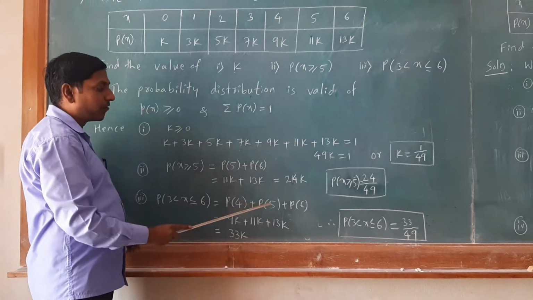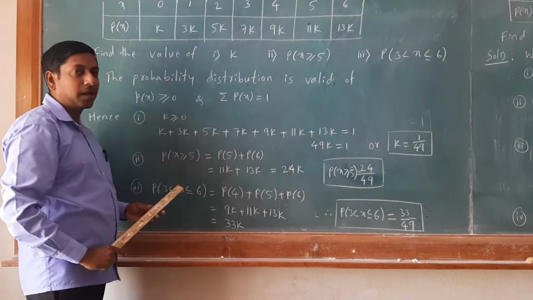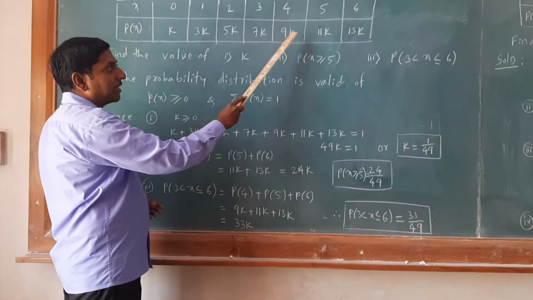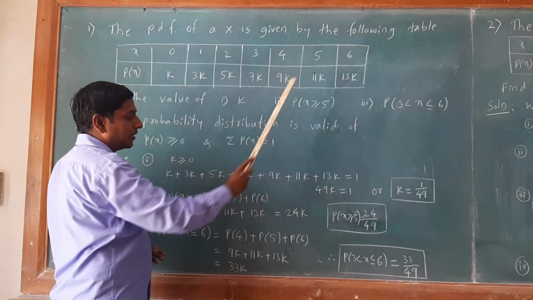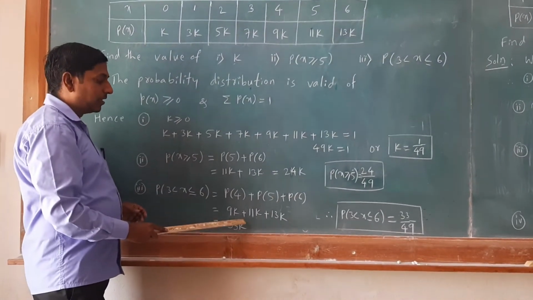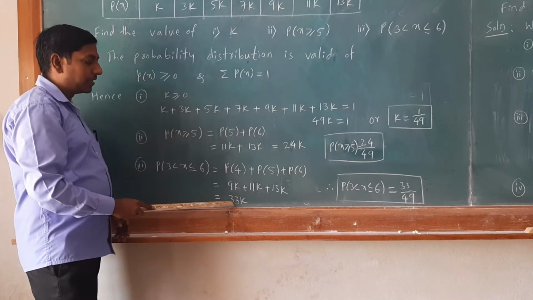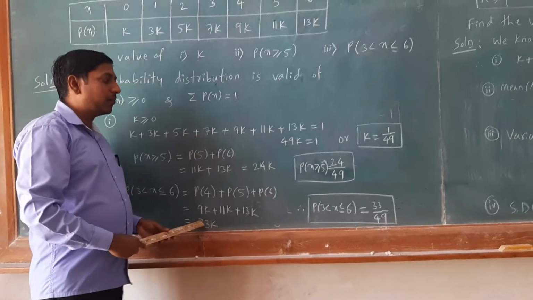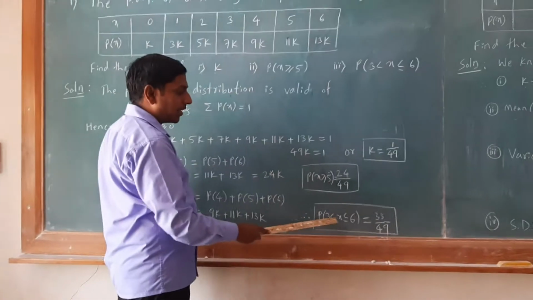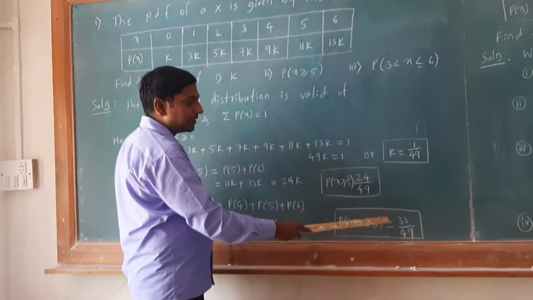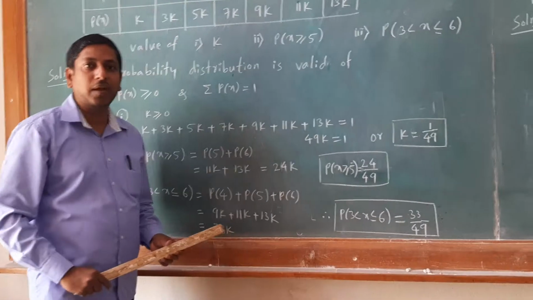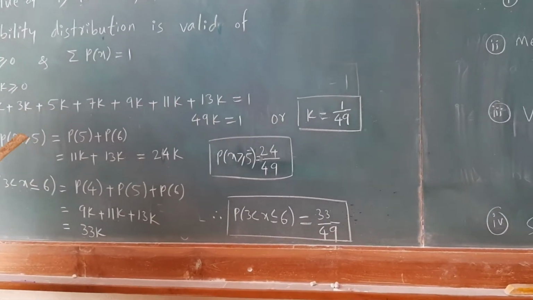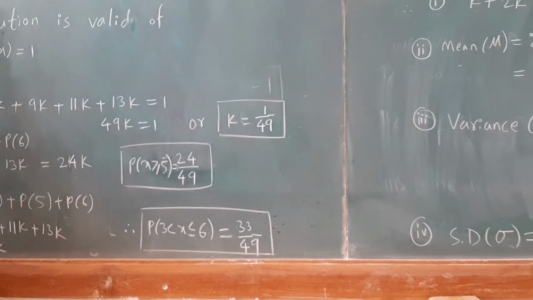So p of 4 plus p of 5 plus p of 6, which is 9k plus 11k plus 13k, and after adding this we get 33k, and our k value is 1 by 49. Therefore the probability of x belonging to the interval 3 and 6 is 33 divided by 49. So this is the first example for calculating k.